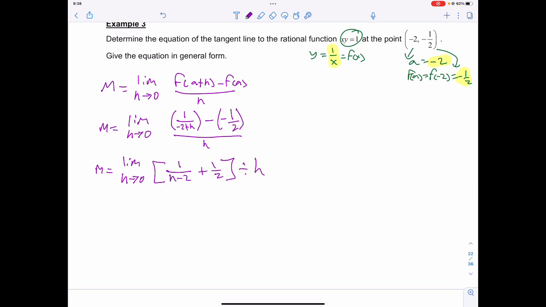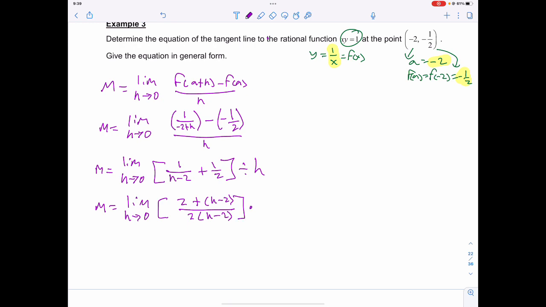Now remember, in order to combine these two, we need to put them over a common denominator. And lowest common denominator is 2 and h minus 2. So I need to multiply the first one by 2 in both the numerator and denominator. I need to multiply the second one by that h minus 2 in both the numerator and denominator. And that's all over 2 and h minus 2.